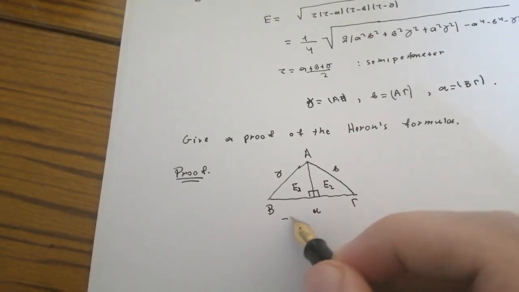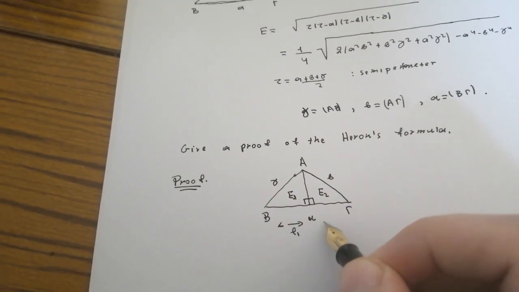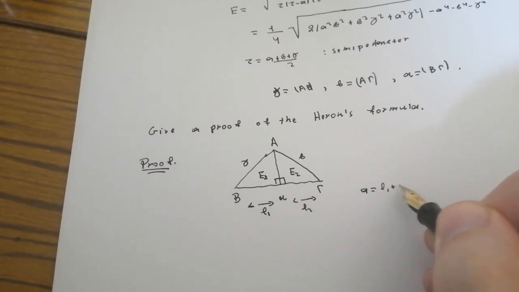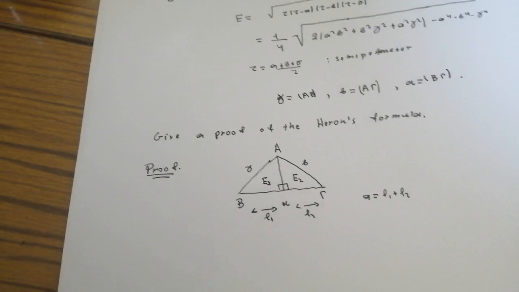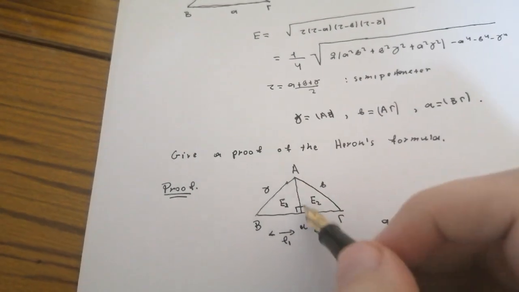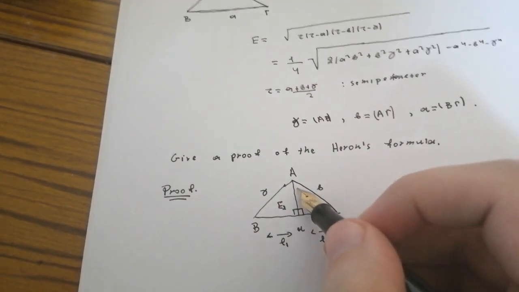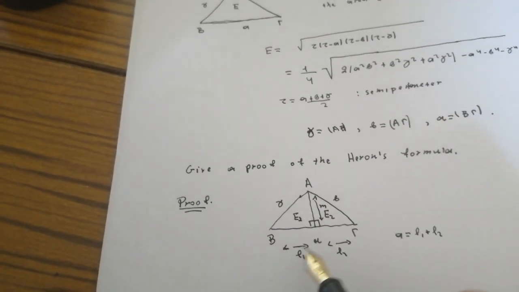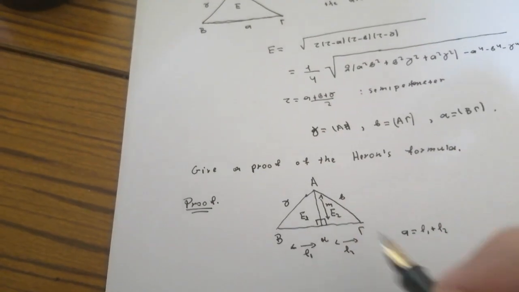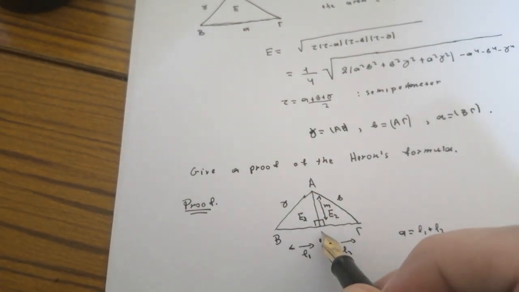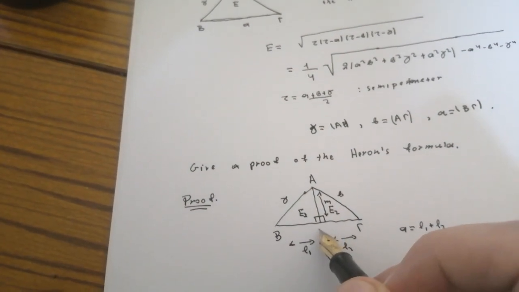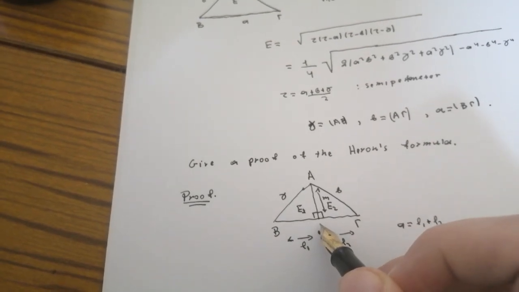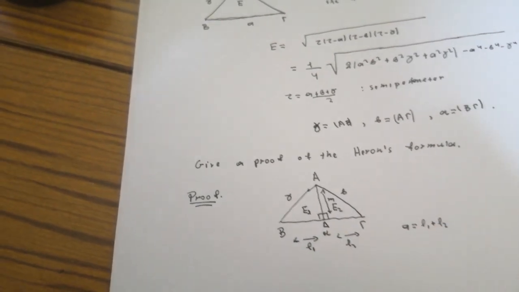Now let's write alpha in the following way. Alpha is L1 plus L2. This height over there is called m. Let's denote this point as delta.